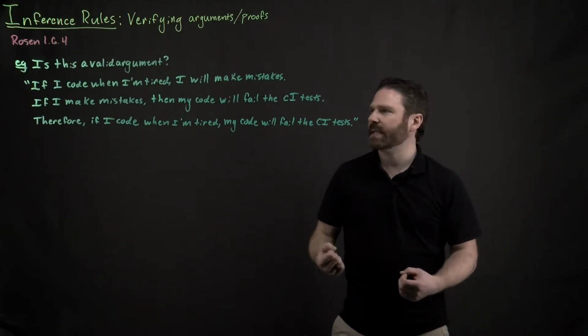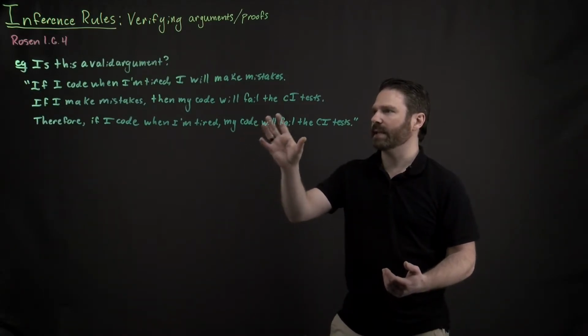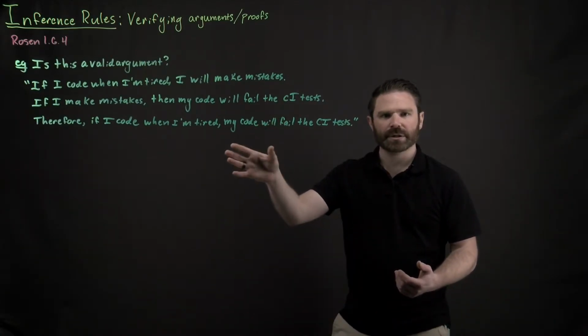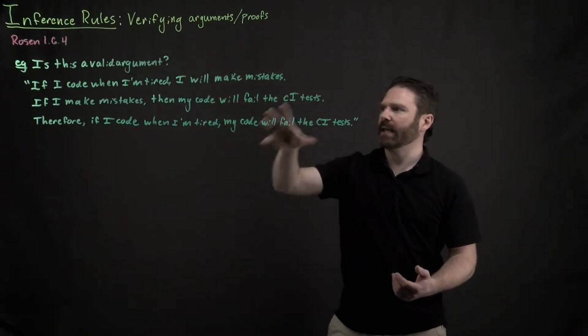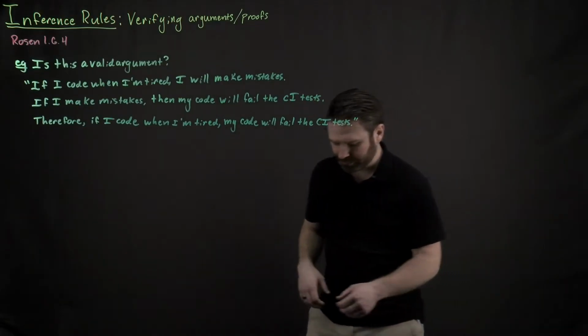And so we want to see how can we apply our inference rules to verify whether or not this is a valid argument. So the very first thing that we're going to have to do is take this English paragraph right here and translate it into symbols.